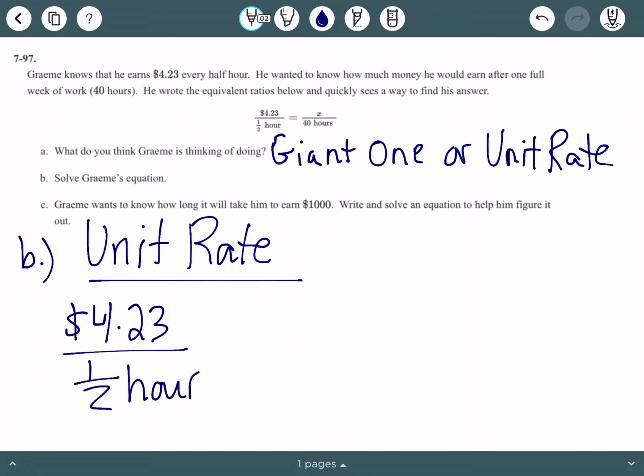So remember, if we are trying to find the unit rate, that would be how much money he makes every 1 hour.